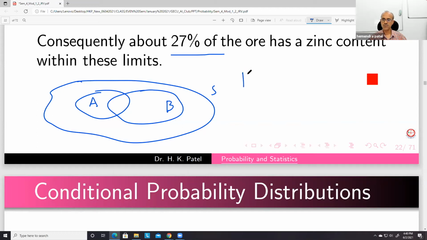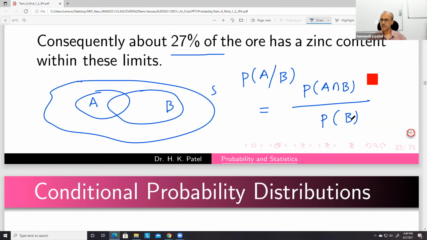Then probability of A subject to B is equal to P(A intersection B) upon P(B). That condition comes in the denominator because it now becomes the sample space. So exactly we will do the same, and you'll see that you will get the same type of formula here for joint probability distribution.